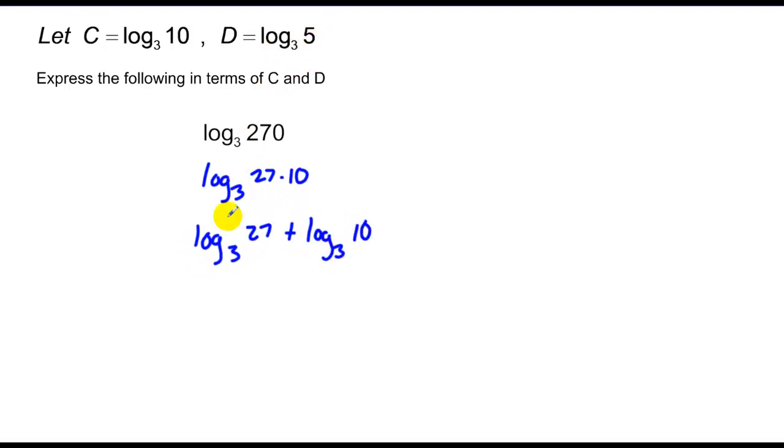There's no way to get 5s or 10s in 27. Fortunately, though, I noticed that 27 and 3 are related in terms of bases. And since the log means what power of the base is the number, I can say what power of 3 is 27. Well, that's 3, and that's the answer. Log base 3 of 10 is just c, so it's just 3 plus c is my answer.